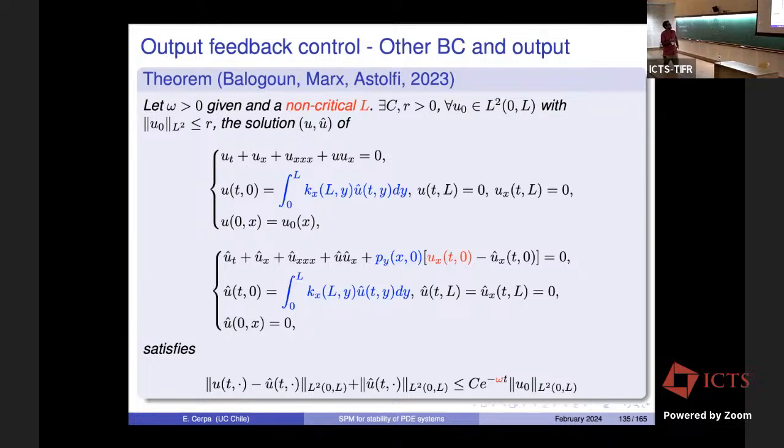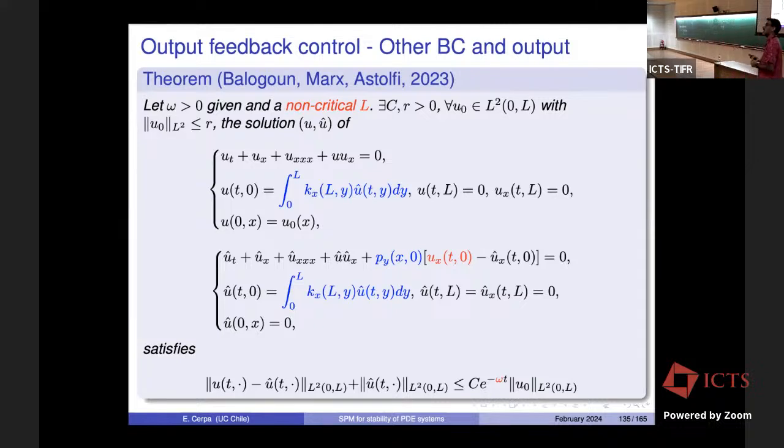This is a paper by Balogh, Krstic, and Astolfi, okay? Here they really need to be in a non-critical case. Why? Because in this observer, they are measuring the quantity that we know is not observable. The system is not observable with these measurements when the domain is critical.